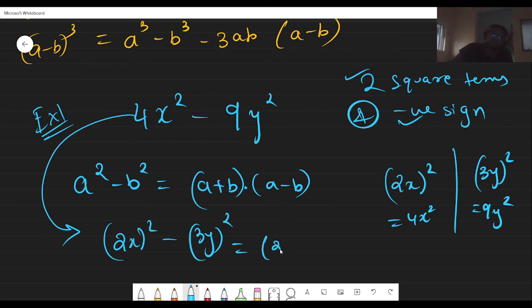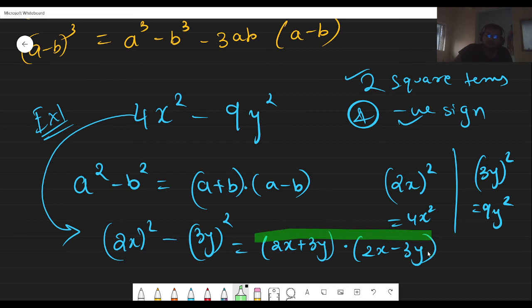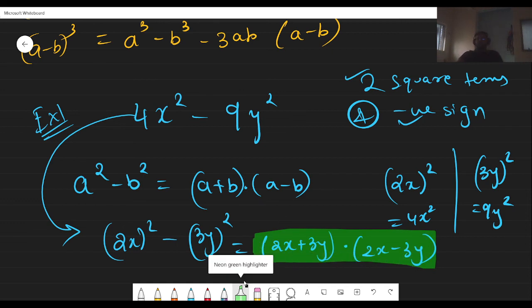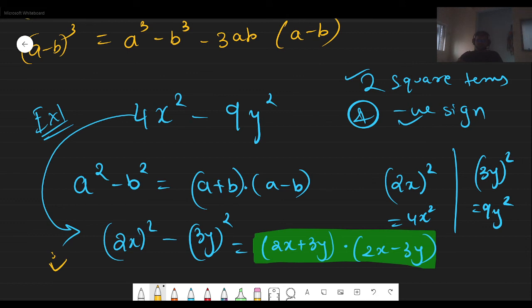So it will form (2x plus 3y) multiplied by (2x minus 3y). So this is our answer. I hope you are getting what I'm trying to tell you. It is somewhat a manipulation and nothing else, and manipulation will come with experience. This type of question will be asked in the next session. We will discuss different types of questions and study in detail what we can do.